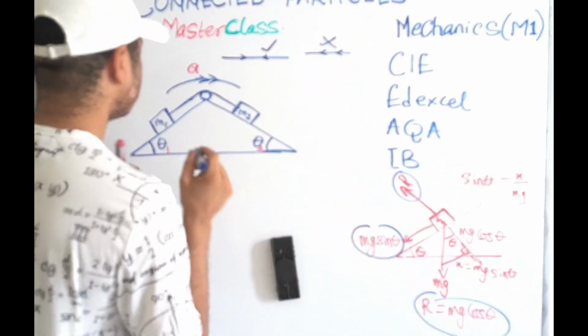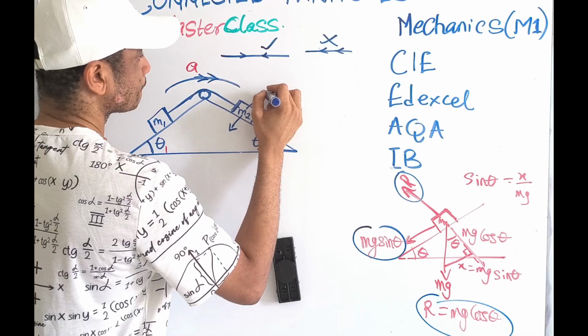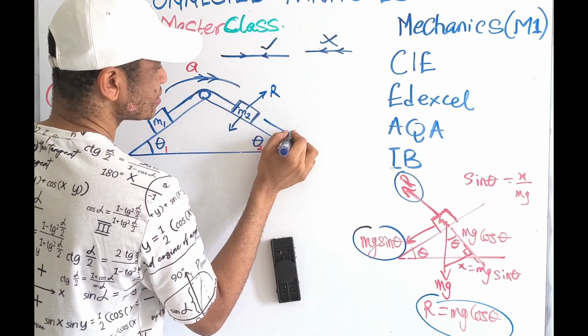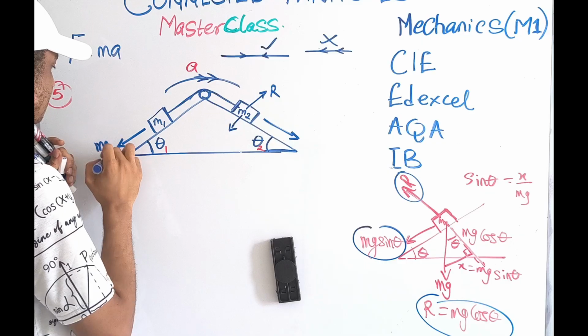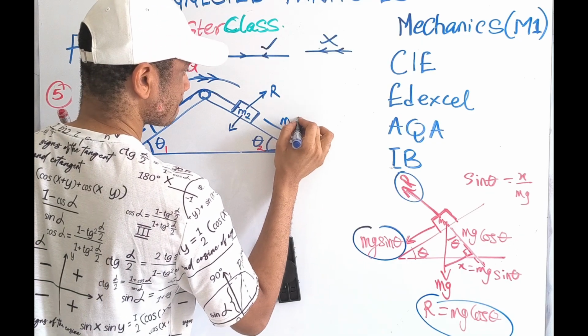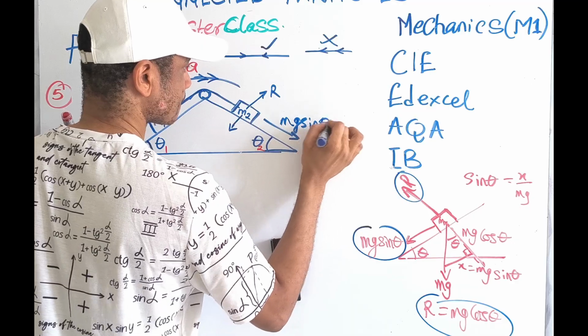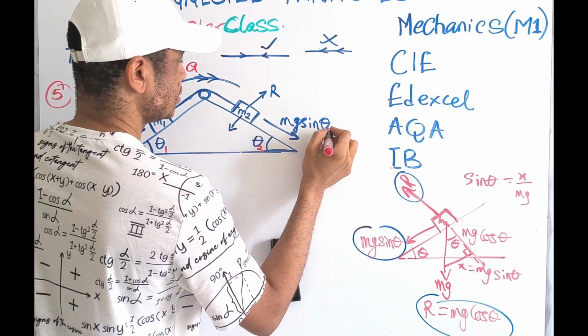Please take note. So I will draw the same thing. I need this, and similarly I need this. This is mg. Then from here, this is theta 1, theta 2.